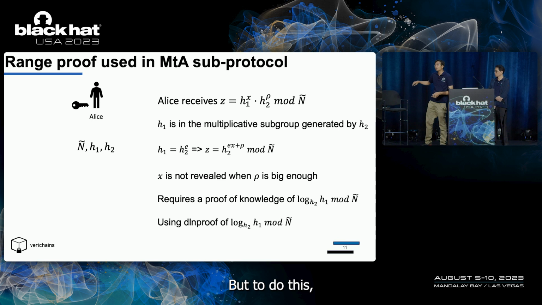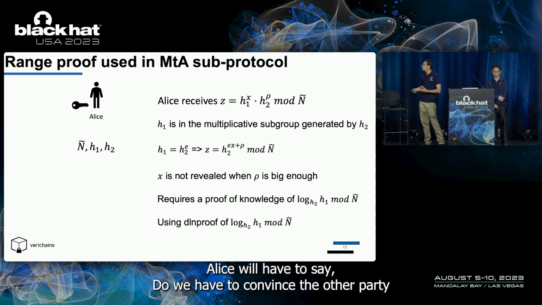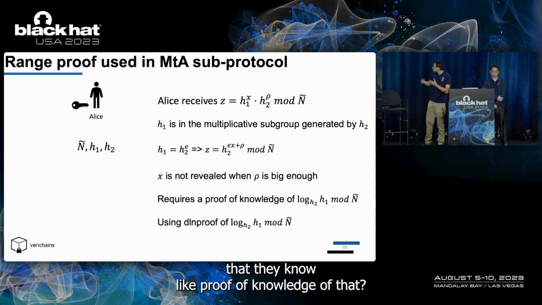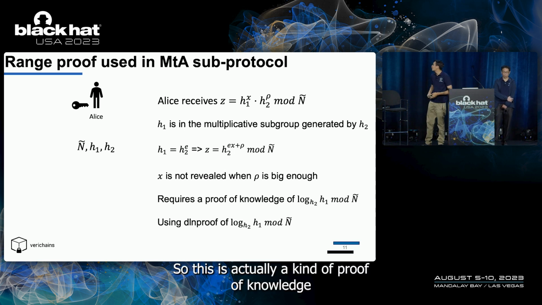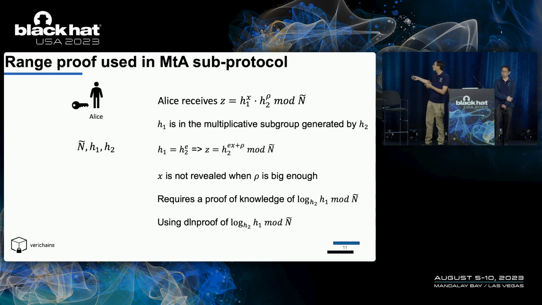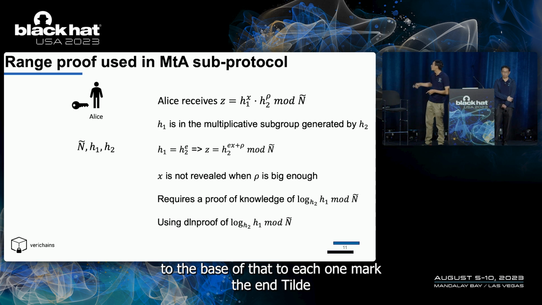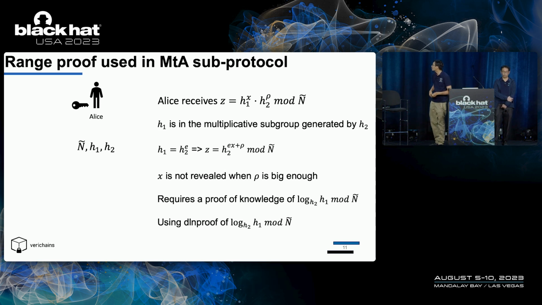But to do this, Alice has to convince the other party that she has a proof of knowledge that H1 is equal to H2 to the power of some E. This is a proof of knowledge of the log to the base H2 of H1, mod N tilde.